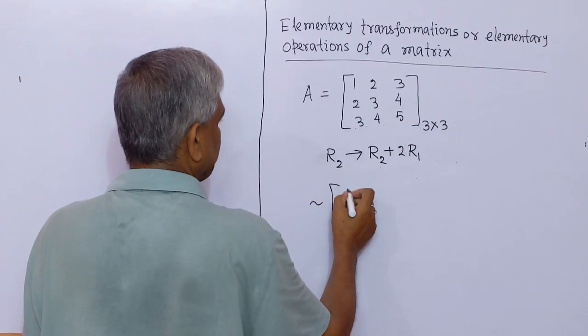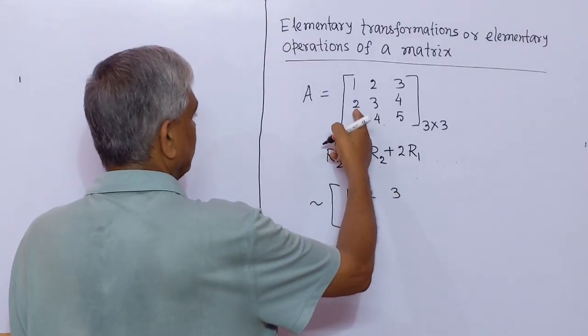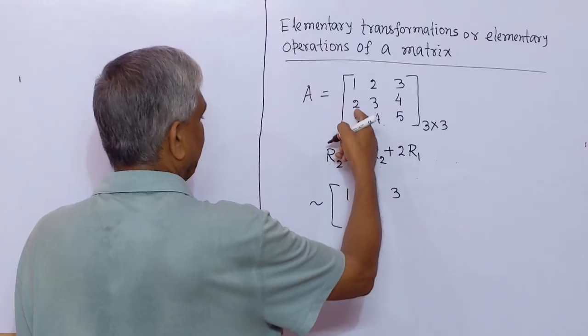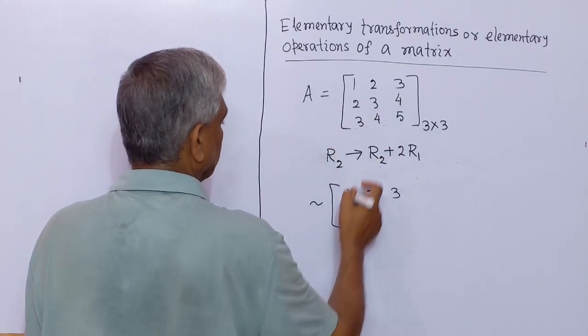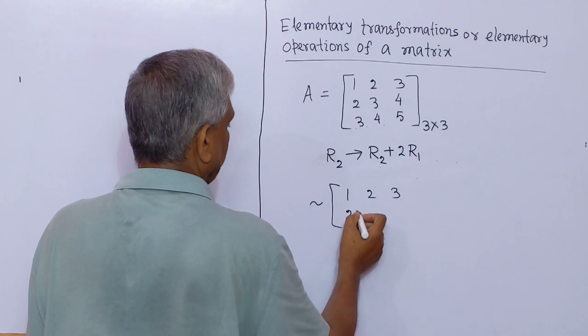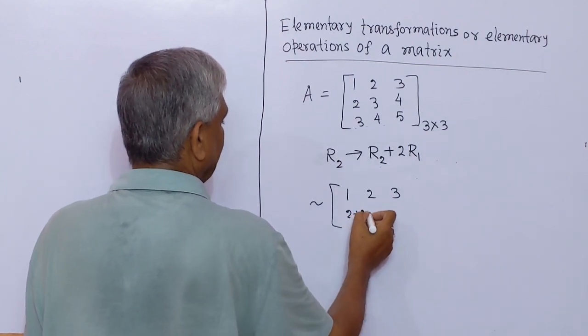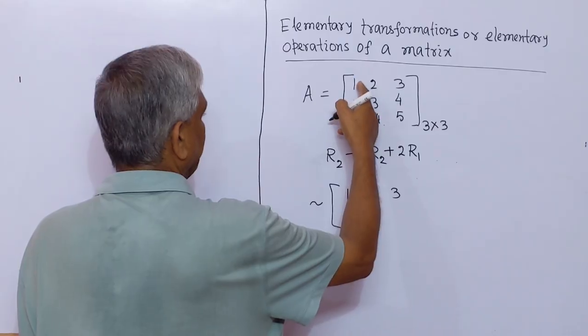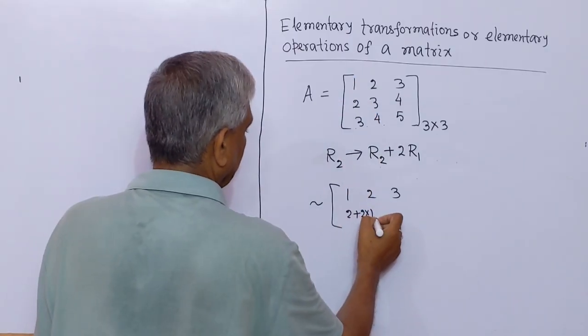The first row remains the same, 1, 2, 3. In the position of the second row, where the elements of the second row are 2, 3, 4, we write 2 plus 2 multiplied by the corresponding element in the first row, 1.